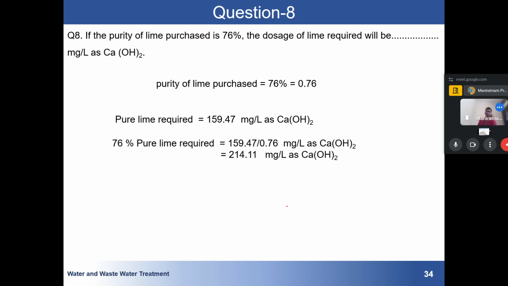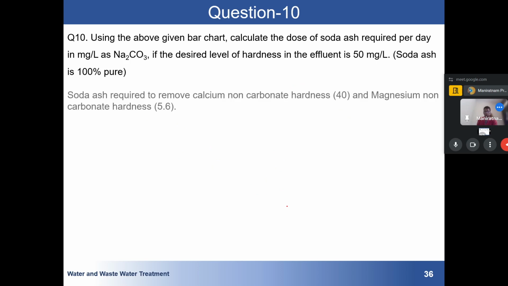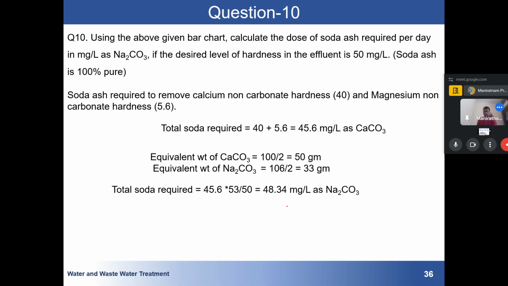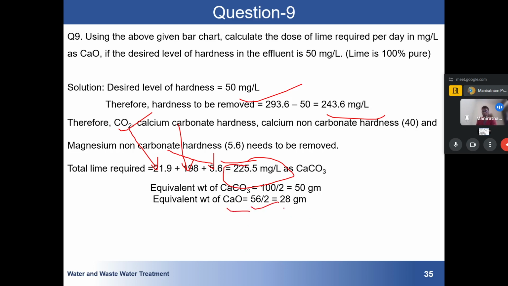But in this question, they are asking you to convert in the form of CaO, that is 56 divided by 2, which is 28 gram.